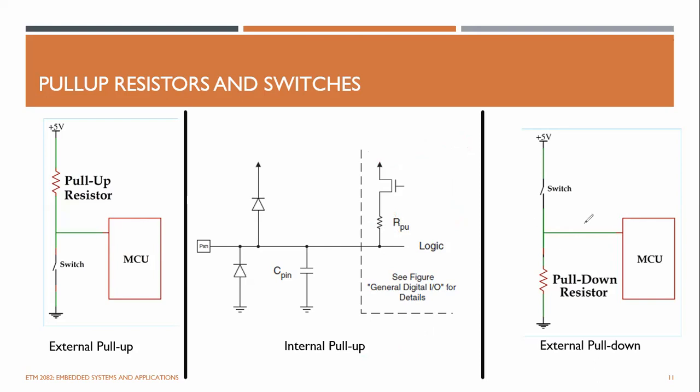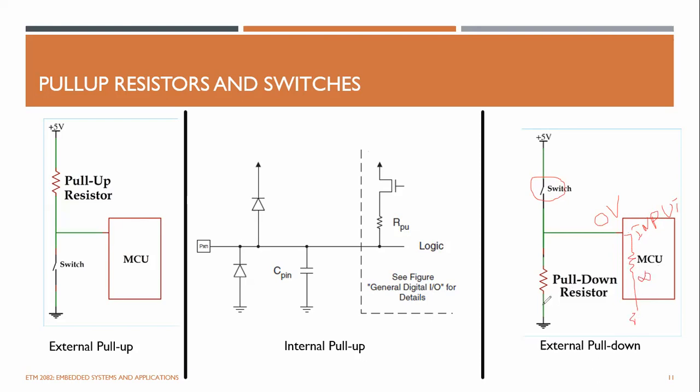Now there's a pull down configuration as well. In the pull down configuration, by default this switch is off, which means this is at 0 volt. This resistor is connected to the ground. There won't be any current. This is the input pin, and it is like a high impedance, infinite resistor inside.